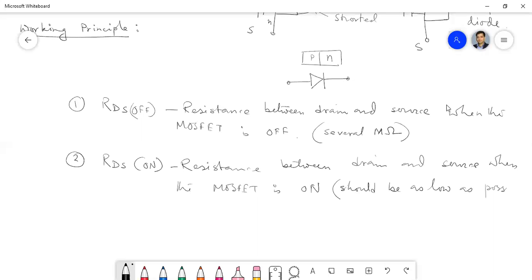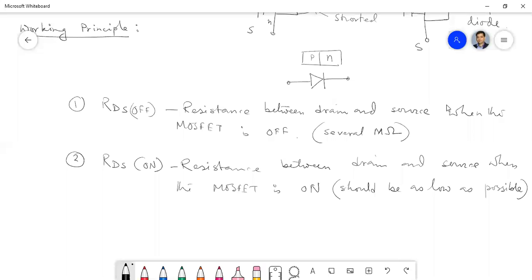So another disadvantage of power MOSFET is that in on state there is a resistance called RDS on. Okay, and due to this finite resistance, it creates a very high power loss, because you know if there is an ohmic resistance, then we get an ohmic power loss.